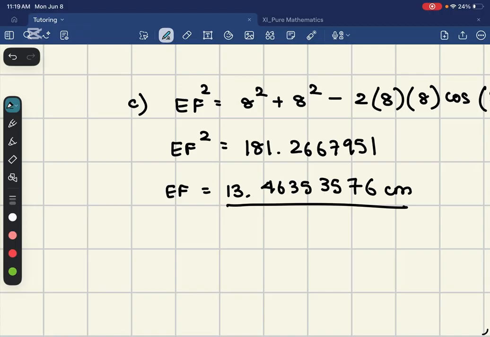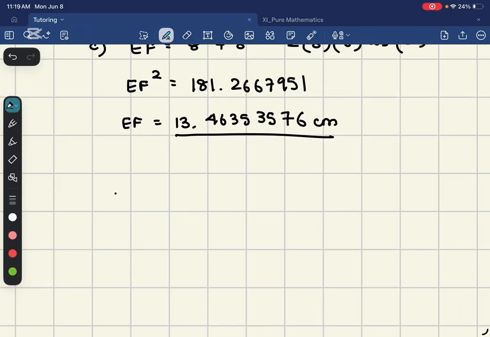So that is the radius of your new circle. And now you can find your area of the sector.